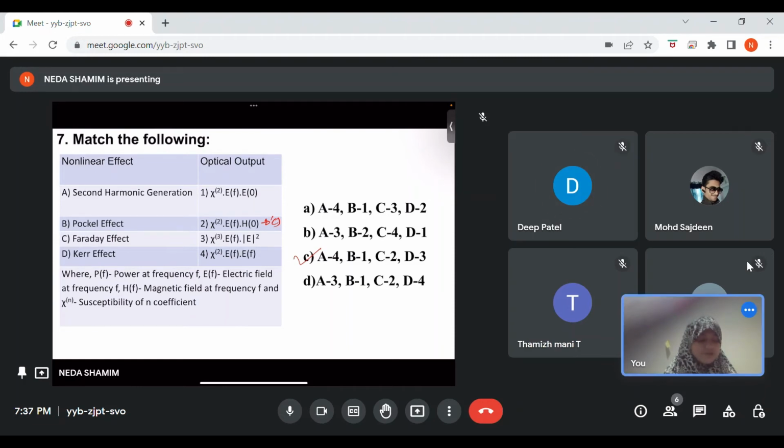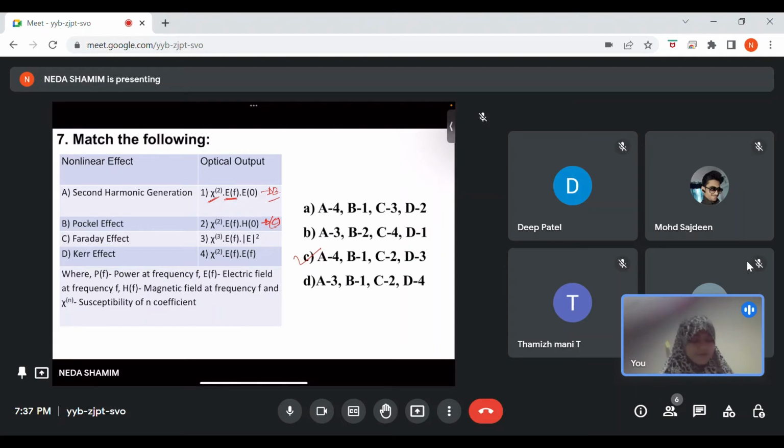Pockel's effect goes to B goes to 1. Why do you say it's 1? Because it is second order kind. Now, the electric field is at time F and at time 0. Okay.